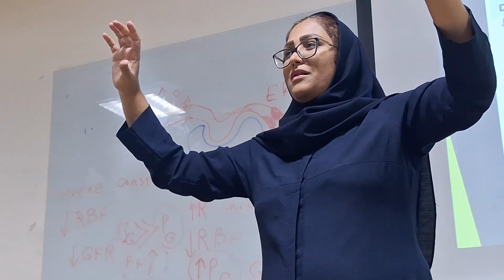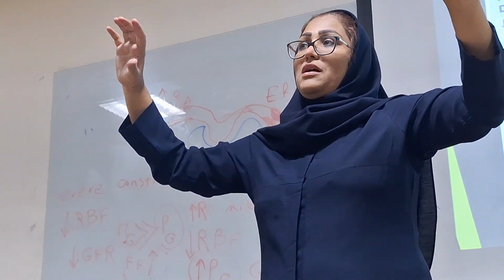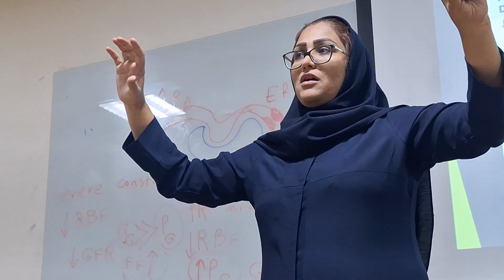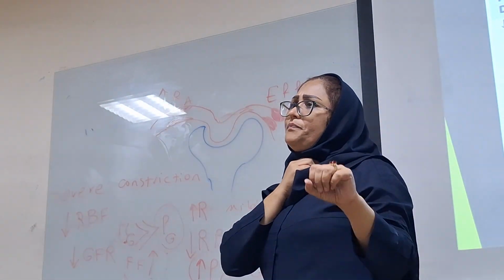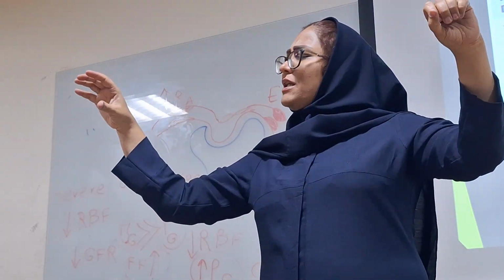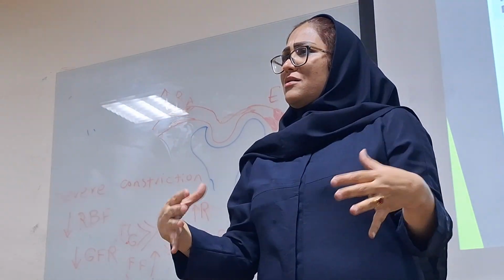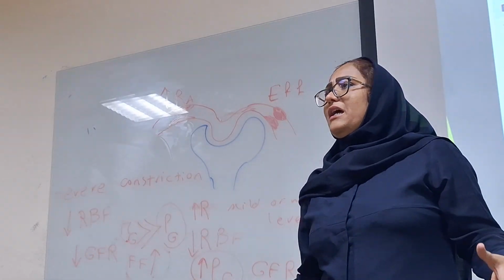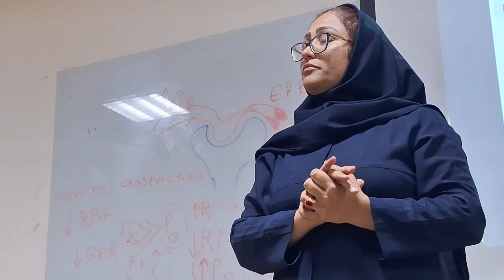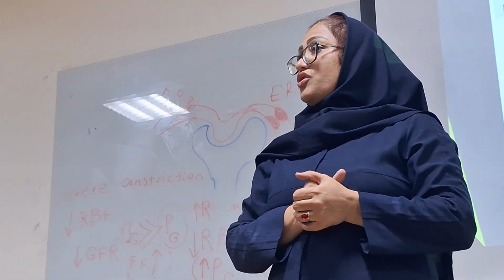Now suppose that I increase the vasoconstriction. Blood moves very, very slowly. It means filtration fraction increases because plasma has enough opportunity to be filtered. Proteins accumulate here and exert a great colloid osmotic pressure.